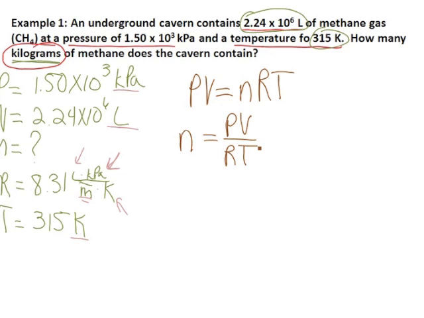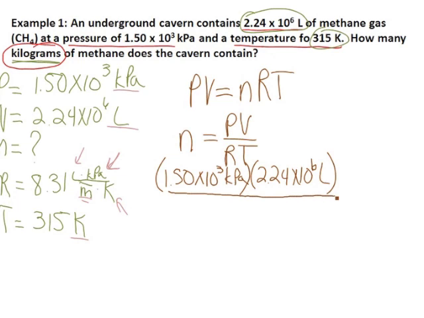So we would have 1.50 times 10 to the third kPa, that's our pressure, times our volume, which was 2.24 times 10 to the 6th liters, divided by our R value, which was 8.31 liters kPa over moles kelvins, times our temperature, which is 315 K.